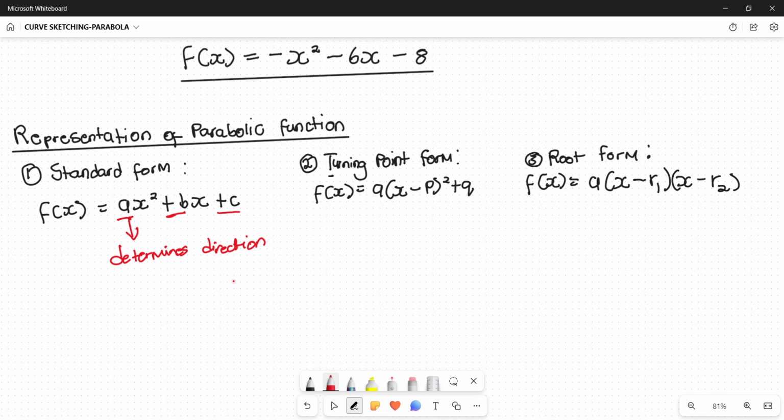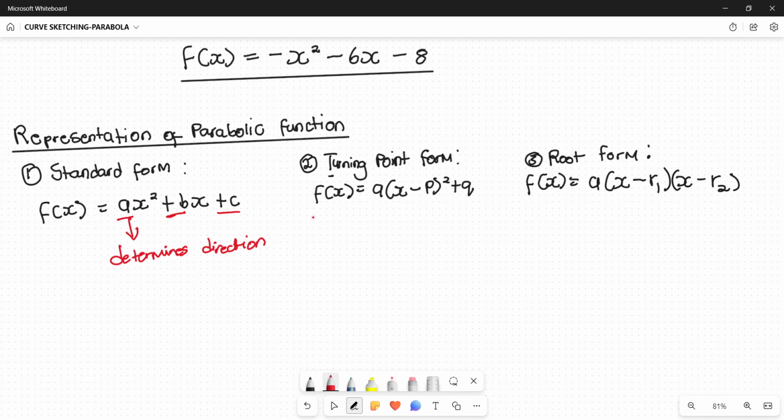In this form we can identify the axis of symmetry and turning point. So we can use this standard form to determine the axis of symmetry and the turning point of our parabola.